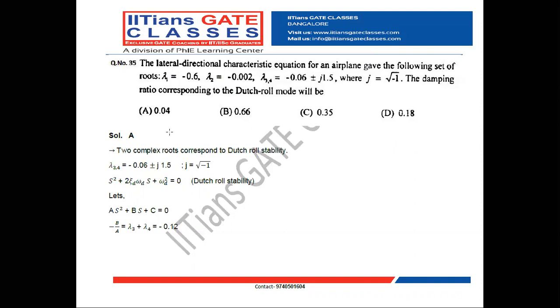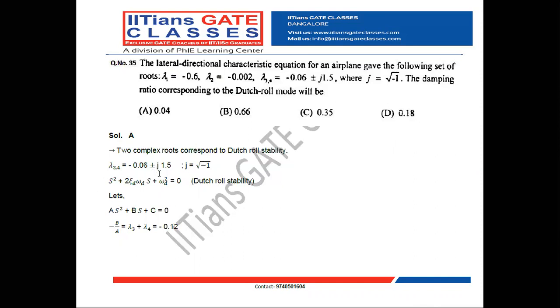Lambda 3, 4, which has a negative real part with an imaginary complex pair, corresponds to Dutch roll, because a Dutch roll should have an undamped oscillation with a negative real part. So Dutch roll mode is given by the roots lambda 3, 4.